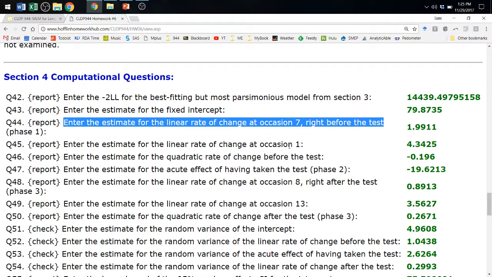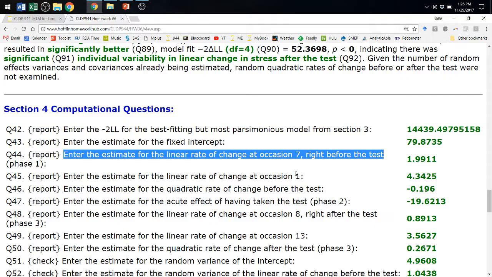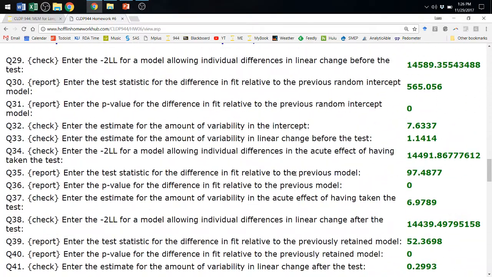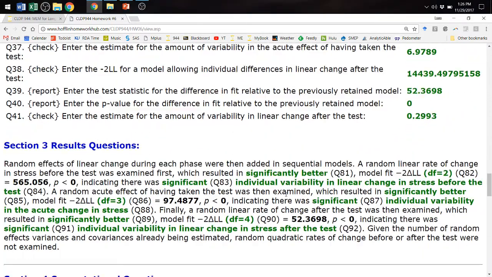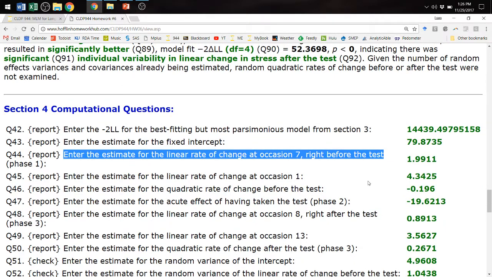Now what happens to it according to the model? It becomes different by the quadratic, twice the quadratic per occasion. So then that's an estimate statement. Let me see what the direction is in this case. Let me see if I can figure that out from the numbers here.